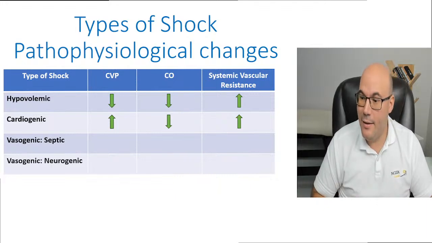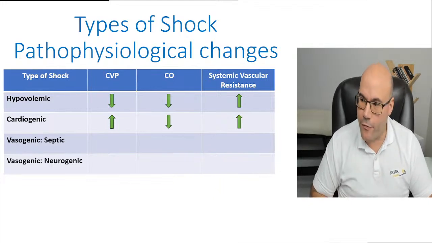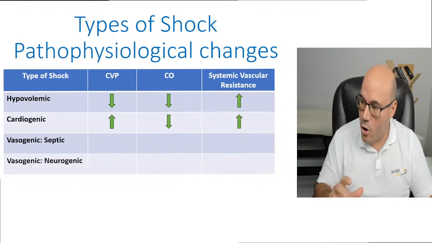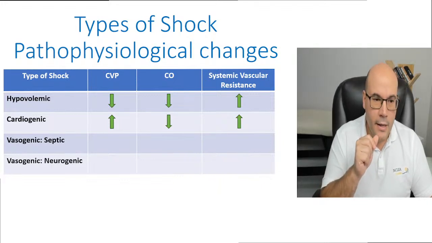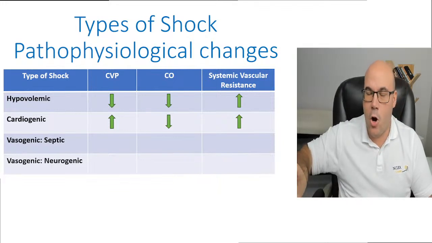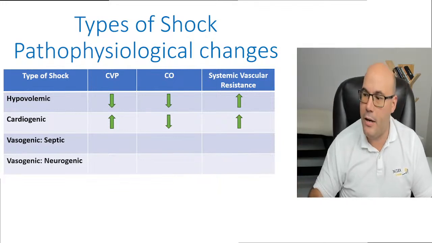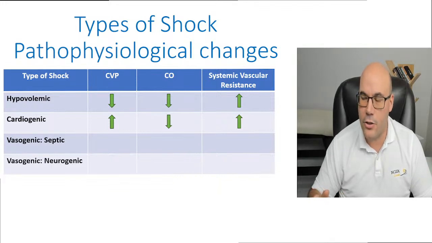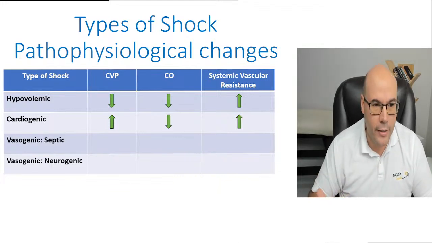So now you can see why in these two different shocks, the CVP is different, and the cardiac output and the systemic vascular resistance are the same. In other words, the difference between hypovolemic shock and cardiogenic shock in these clinical manifestations is that the cardiac output and systemic vascular resistance are the same, but the central venous pressure is different.